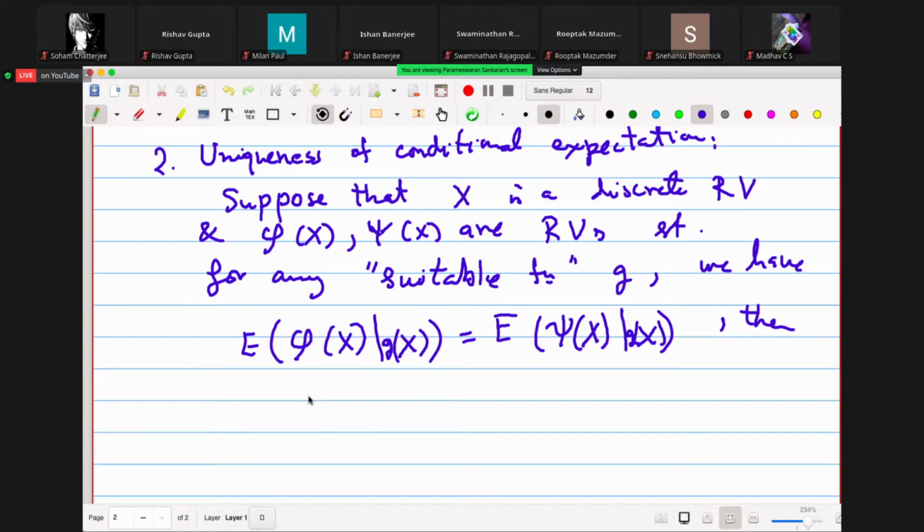Then the probability that phi(X) is not equal to psi(X), you see you have two random variables, Y and Z, let's call them. The probability that Y is not equal to Z makes perfect sense, and that should be equal to 0.